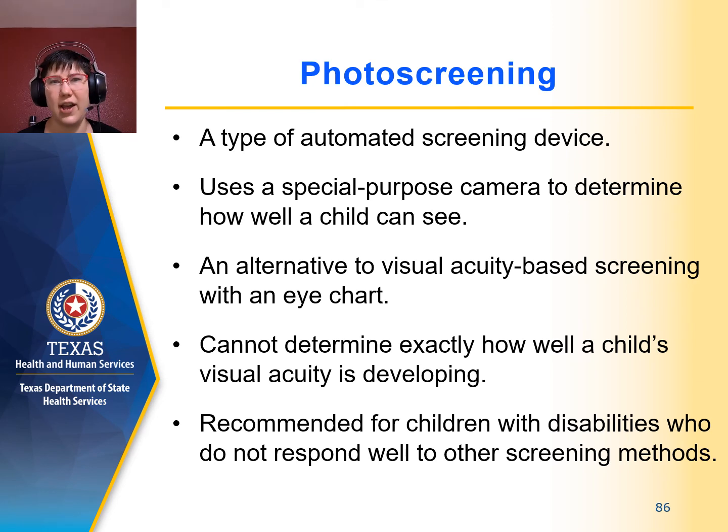Photo screenings, automated, etc. It really can't determine exactly how well the child's visual acuity is developed. It can be recommended for people who literally cannot participate due to language or other barriers and do not respond well to being trained with a more interactive sort of screen.